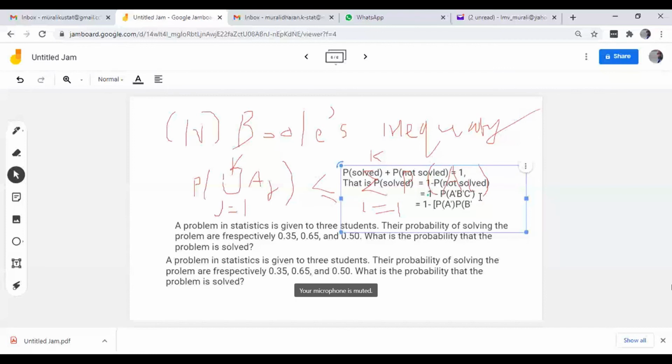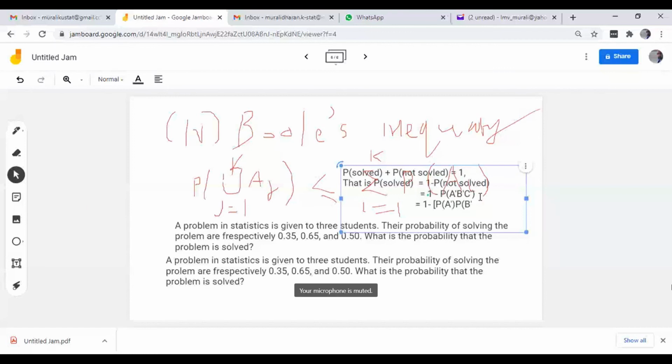Now we know what P of A dash is. Problem solved by A, the first candidate, is 0.35, so P of A dash becomes 0.65. So this is finally going to be the answer. The independence definition is still left to write, so just write down this answer first.